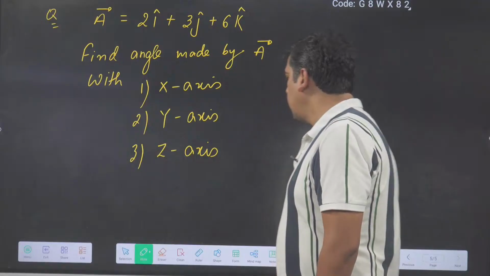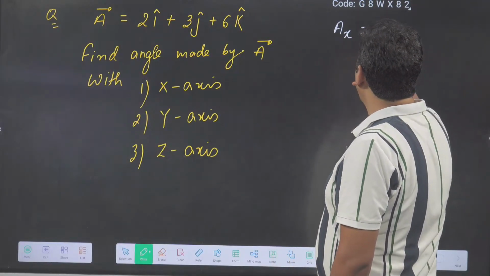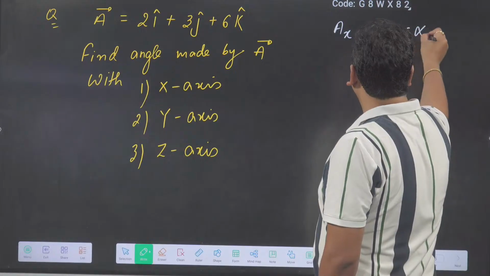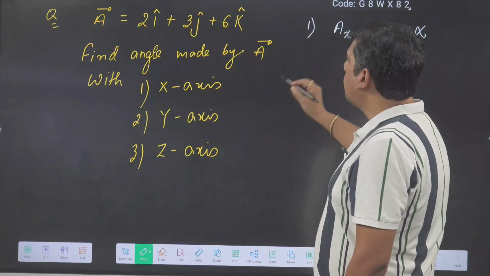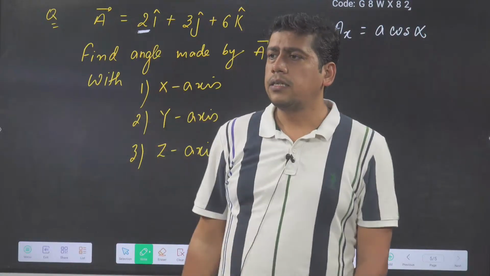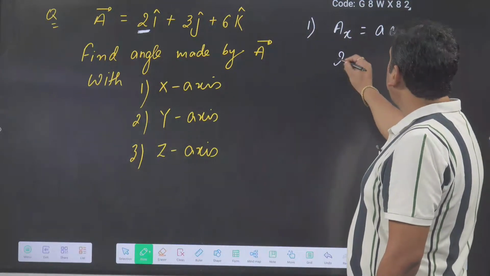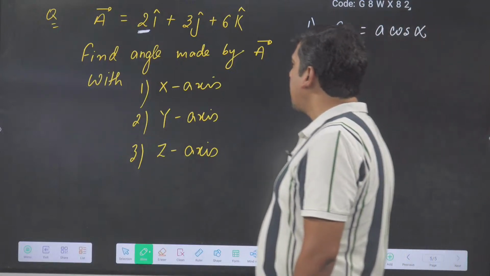then what can you write? You can write AX equal to A cos alpha. How much is AX? X component means i cap, so it will be 2. What is the complete magnitude?